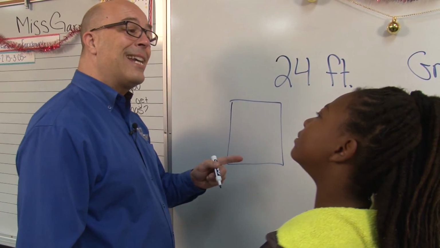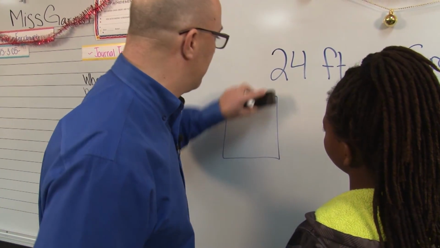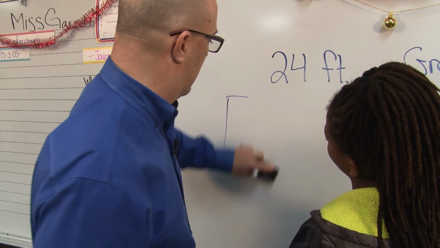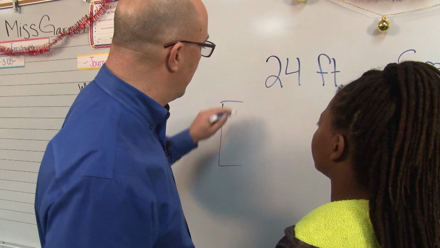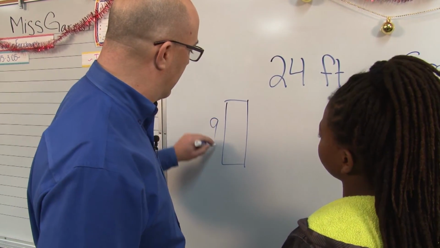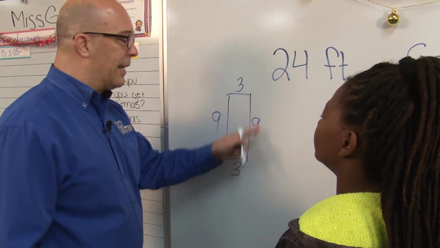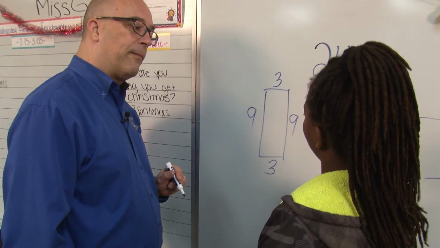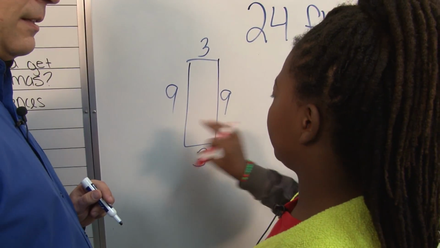If we did 9 and 3, so let's make this a little different. All right, because 10 and 2 make 12. If we do 9 and 3, right, if we add those all up, what will we get? We would get, if we add 9 plus 9 equals 18.